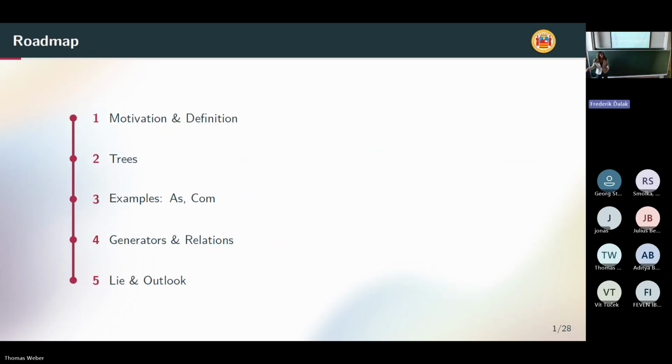First of all, the main definitions and the core motivation of the theory. Then we will talk about operad trees, which are powerful tools in order to see composition and operations in a visual way. And they are also the building blocks of the pre-operad, as you will see later.